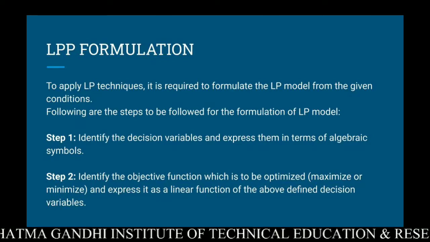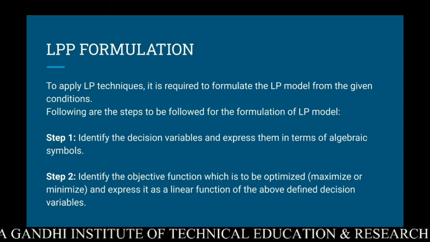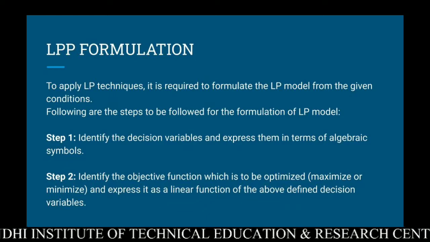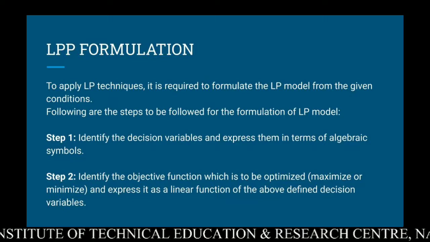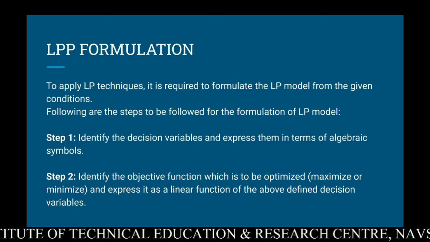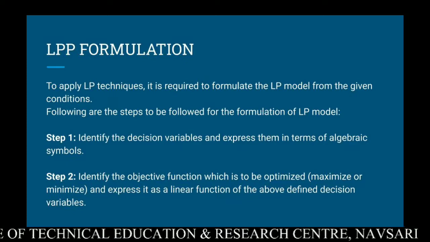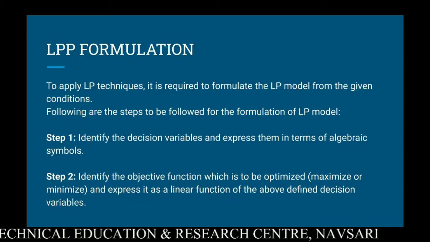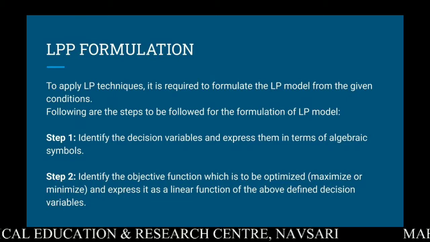Step number 1 is identify the decision variables. Step number 2: identify the objective function which is to be optimized, that is, maximization or minimization, and express it as a linear function of the above defined decision variables. You have to identify the objective function, the basis on which you are considering the whole equation.